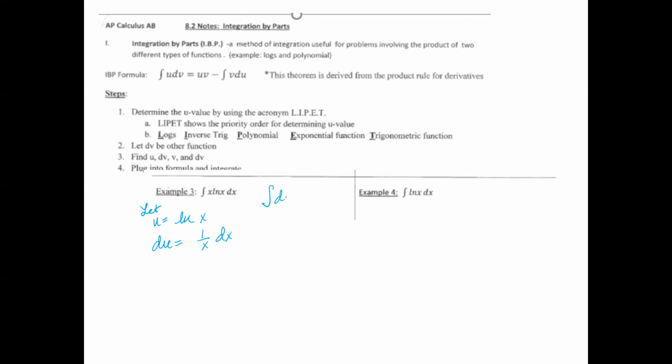You know that the integral of dv is equal to x times dx. So as such, we're going to have let v be x squared over 2.